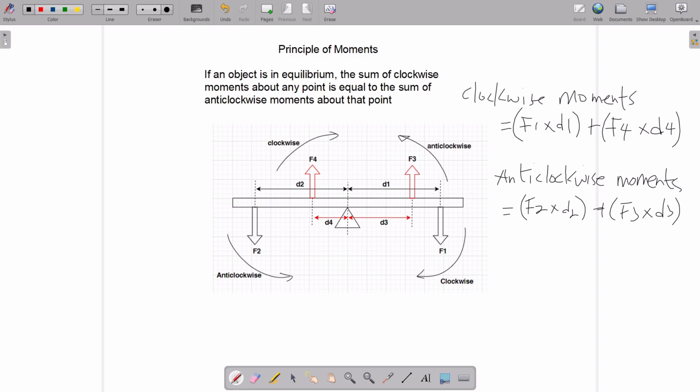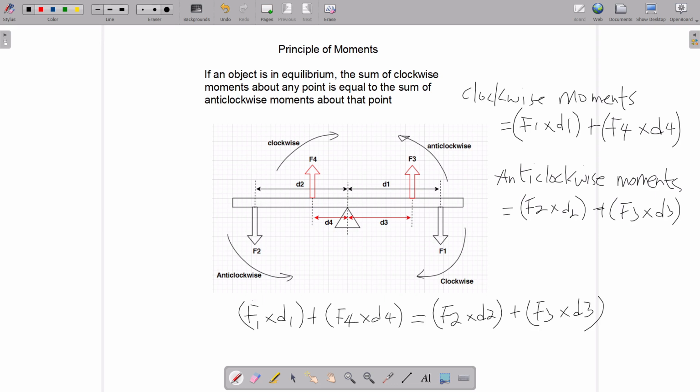Therefore, based on the principle of moments, we are going to equate the clockwise moments and the anti-clockwise moments. And that is going to give us F1 times D1 plus F4 times D4 is equal to F2 times D2 plus F3 times D3.